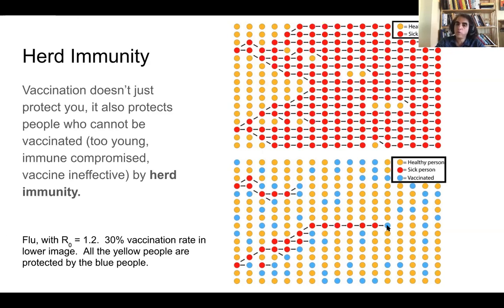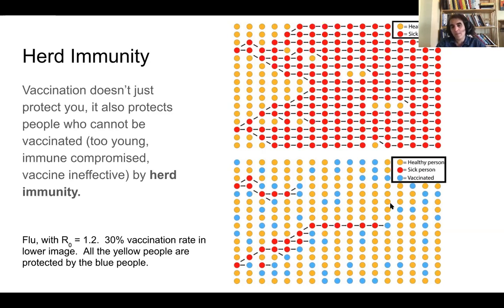The R value was low enough that the flu never took off, and these 30% of people who were essentially good citizens who went out and got vaccinated protected not just themselves, but this huge crowd of yellow people who were healthy, susceptible people who just didn't get the flu because they had been protected.